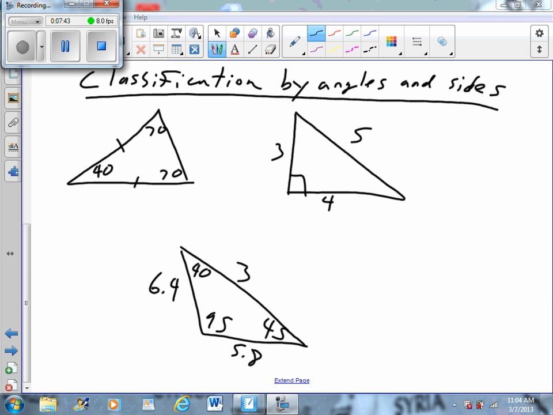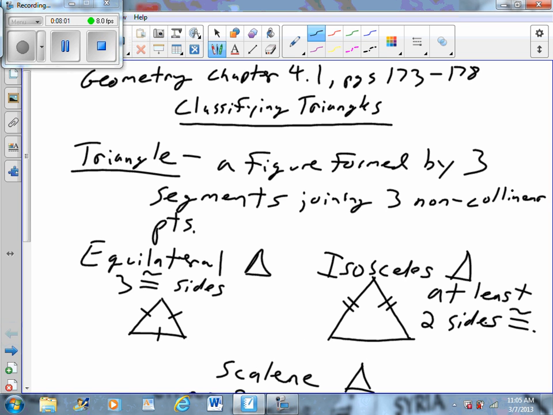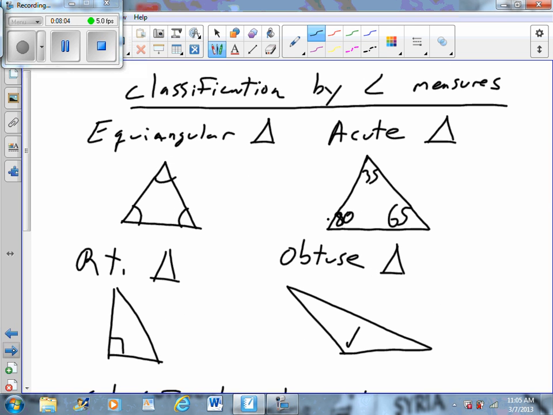It's got an angle that measures 40 degrees. I've indicated two sides here are congruent. First thing, let's do this. According to the sides, the lengths of the sides, what can we say the classification of this triangle would be? So remember back here, that would be isosceles, yes, right? Remember back there, so you have isosceles.